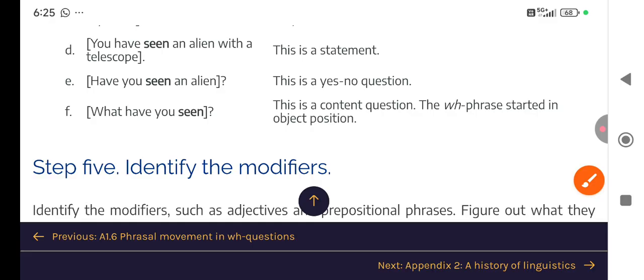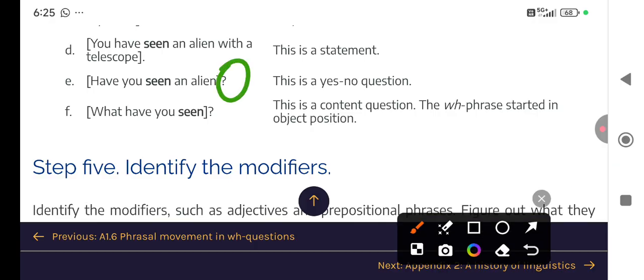Now, have you seen an alien? Of course, this is a question, but this is a yes no question, because it started with the helping verb, and a question framed with a helping verb is called a yes no question.